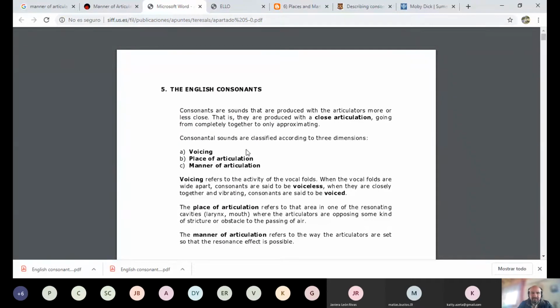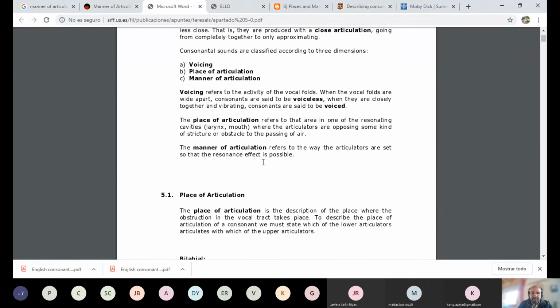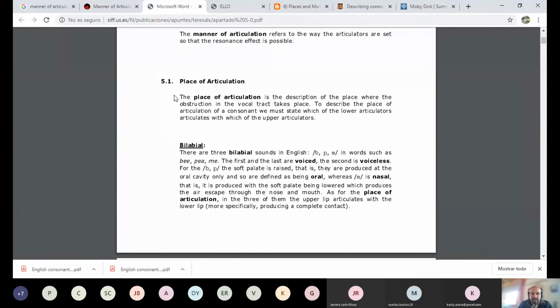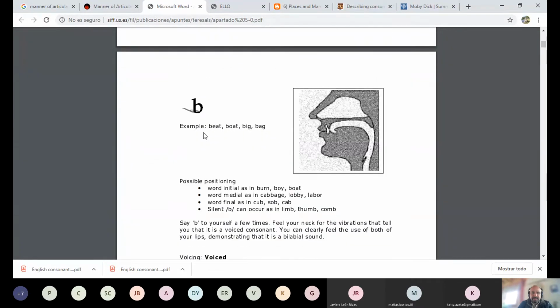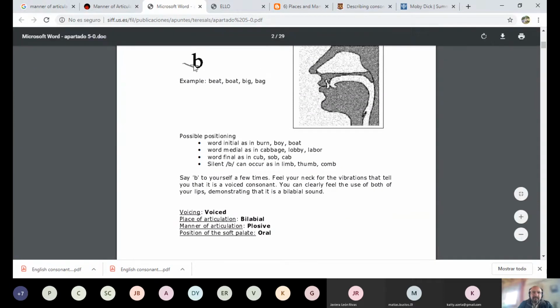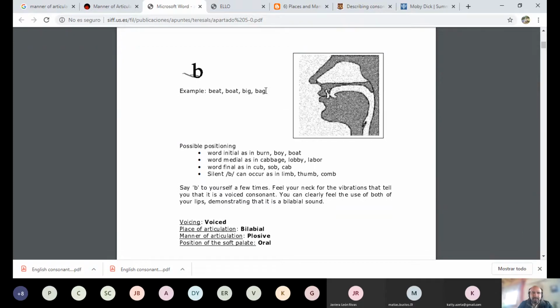English consonants: we have voicing, place of articulation, and manner of articulation. That's a very brief explanation. Here we have, at the beginning, place of articulation. The consonant sounds are presented with an image, examples, and a description.